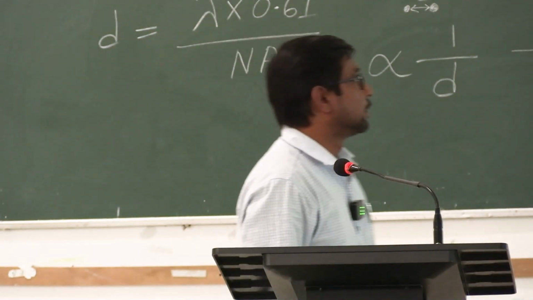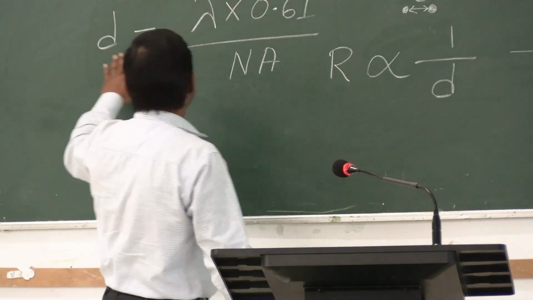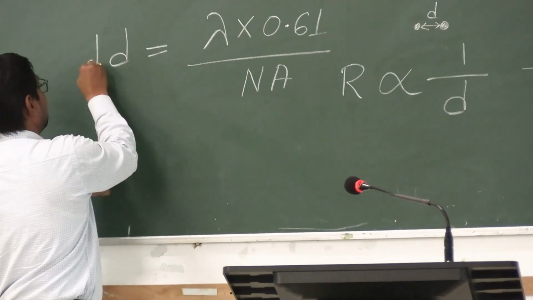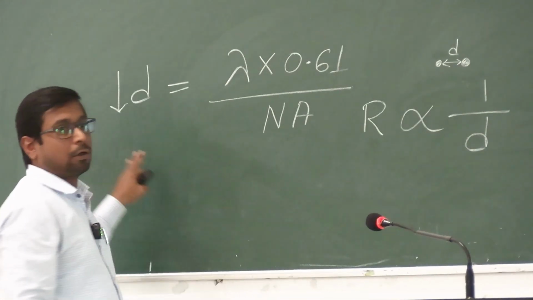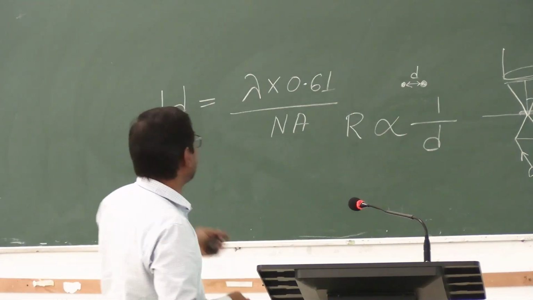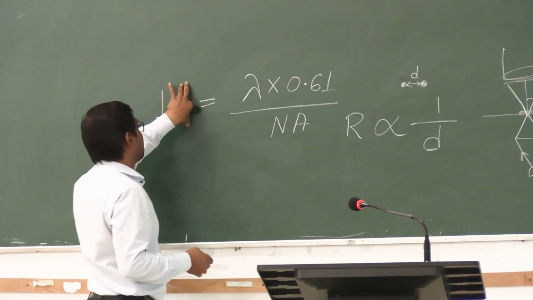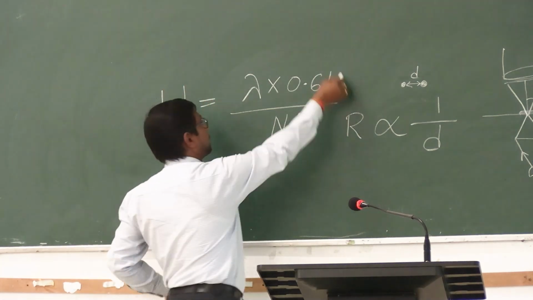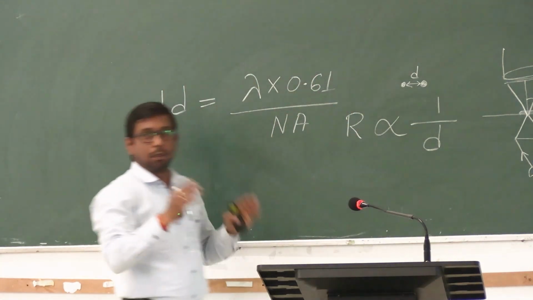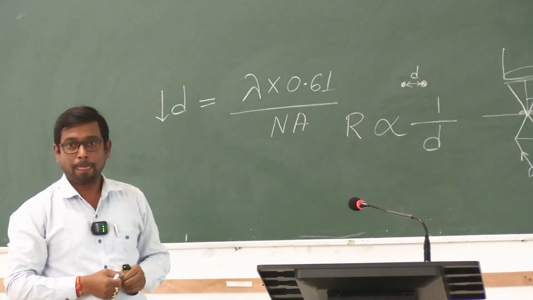And if we want D to be lower, then only R will be higher, resolution will be higher, right? If we want D lower, this portion should be lower, so first the wavelength should be lower.